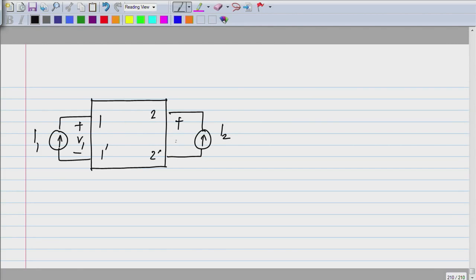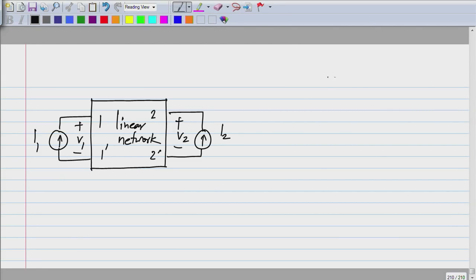And determine V1 and V2 as a result of I1 and I2. Okay. As before, if you make I2 equal to 0, then both V1 and V2 will be proportional to I1 because this is a linear network.